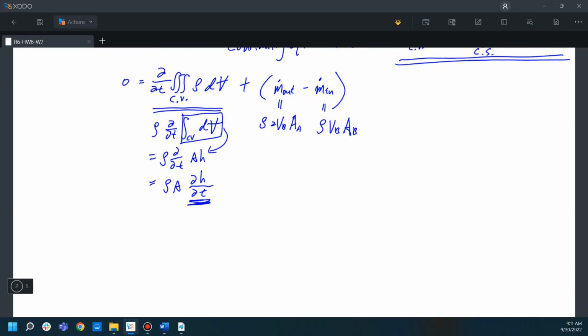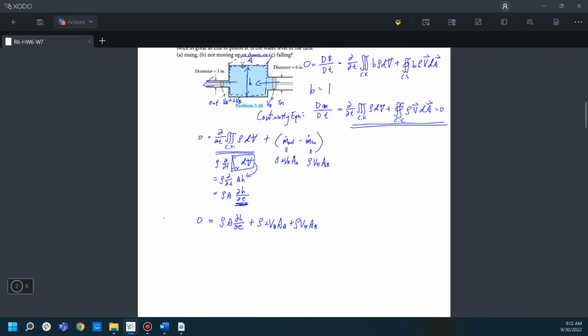We can reorganize this equation a bit. So 0 will equal rho A partial h partial t, plus rho 2 VB AA, plus rho VB AB.